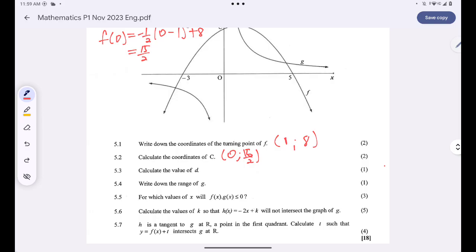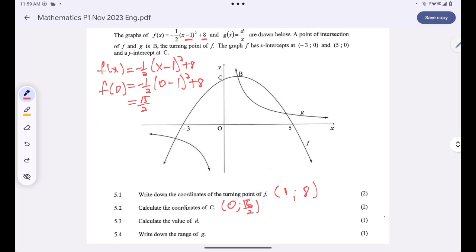Now I'm supposed to find the value of d. Remember that d is there in the graph of g, I have g of x is equal to d over x. I'm expecting to find a positive value of d. Why am I saying that?